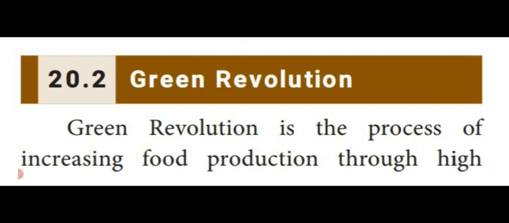Green revolution is the process of increasing food production through high-yielding crop varieties and modern agricultural techniques in underdeveloped and developing nations. That is the definition for green revolution. It is an important 2-mark question. Simply, what is the meaning? Increase the food yielding crop varieties by using modern agricultural techniques.